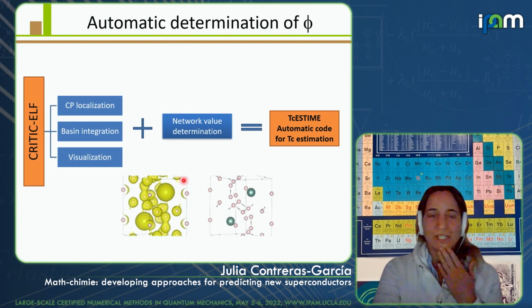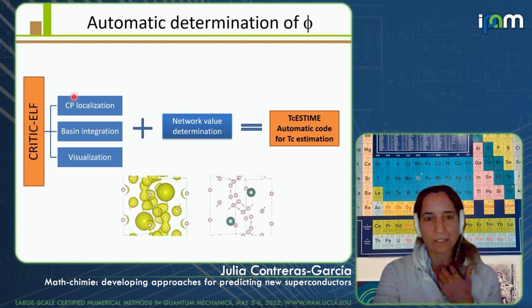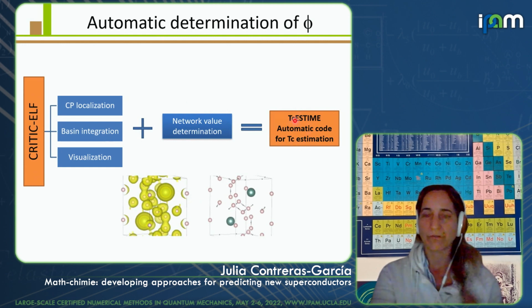So I've just shown you how we have coupled our critical point determination with the networking value determination in our new code of TC stream, the automatic determination of critical temperature.